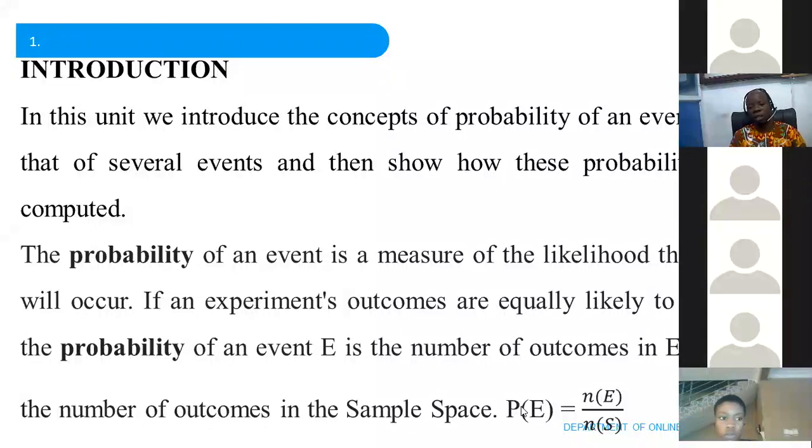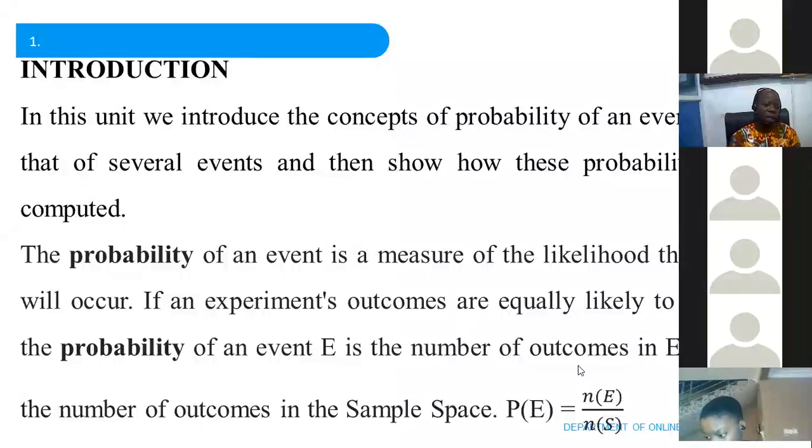And that is giving us P. The probability is giving us P here, probability of an event E equal to the number of E, that is the number of times that particular event will occur, over the number of S, which is the sample space, the number of possible ways or the number of times that you are going to perform the experiment.